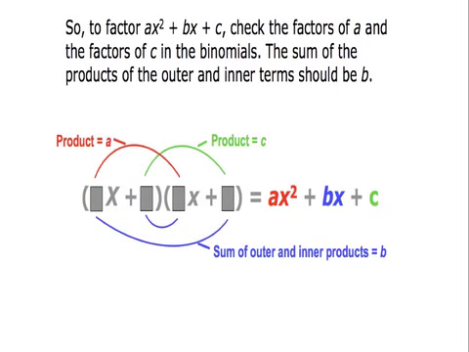Now, let's keep in mind what we talked about here. We've already walked through this a little bit, but keep in mind the product of the first term and the first term here is what makes up the first term. In other words, the product of the first term of the first binomial and the first term of the second binomial make up the first term of the trinomial.